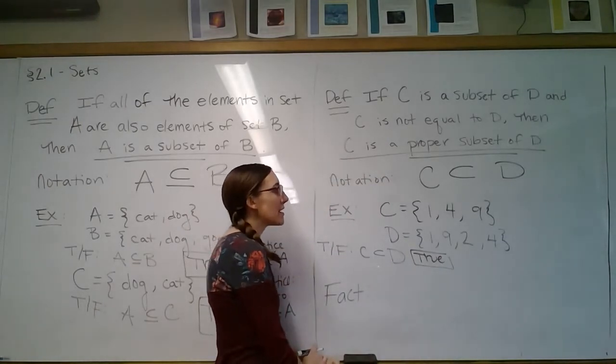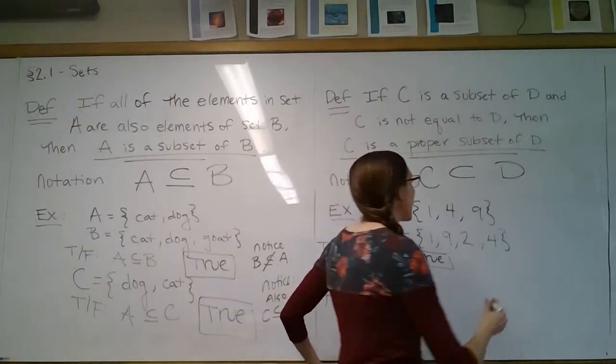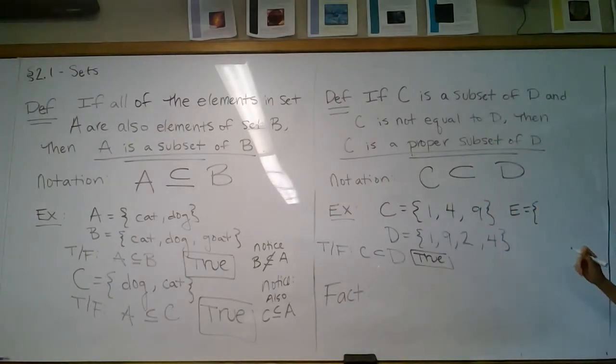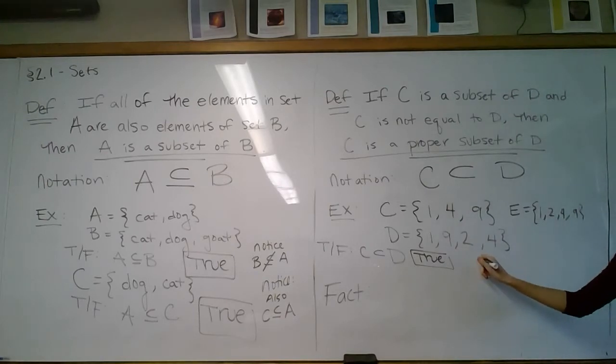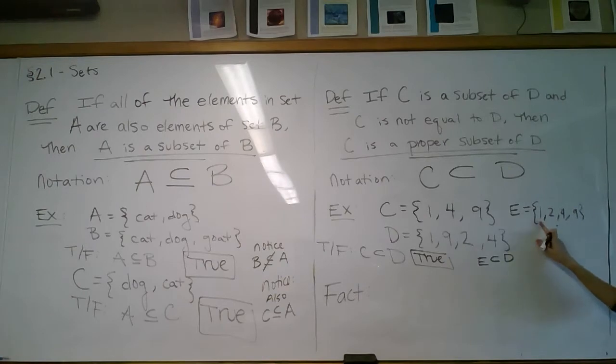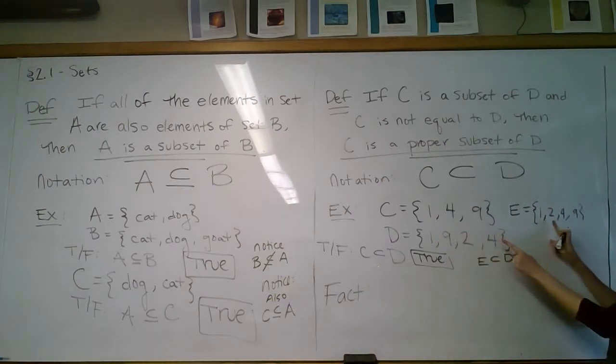If I created another set, let's say E is the set 1, 2, 4, and 9, then we do a true or false of is E a proper subset of D. Well, we would check if it's a subset. 1 is there, correct. 2 is there, correct. 4 is there, correct.